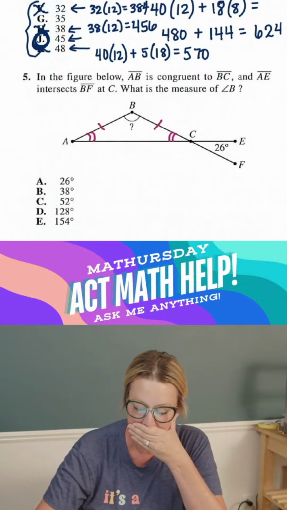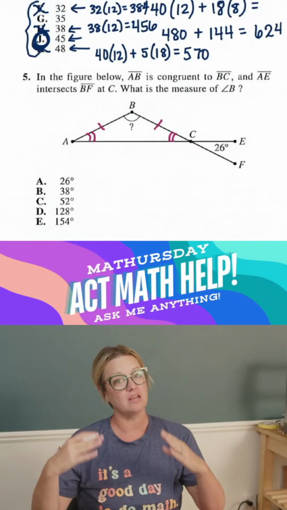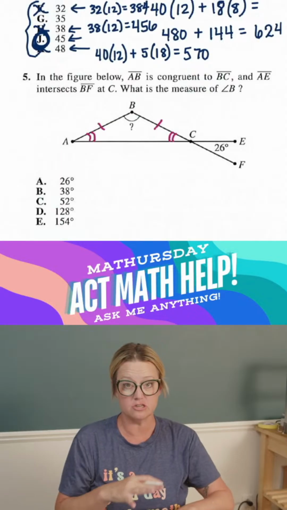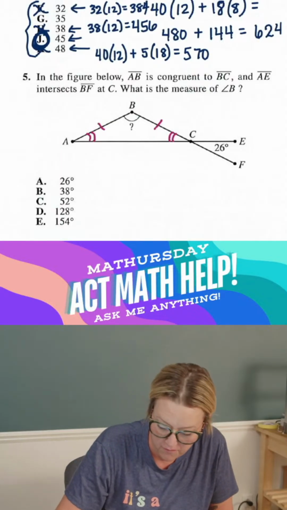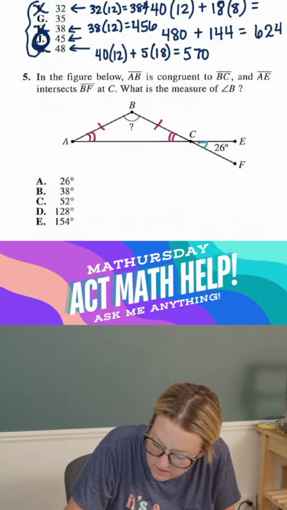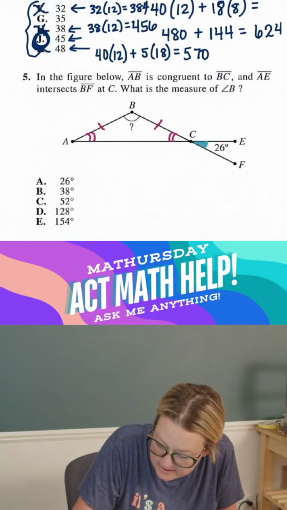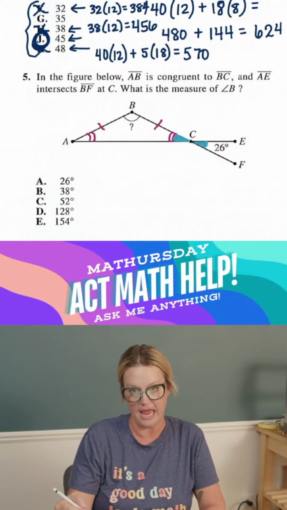Okay, so this triangle is a specific type of triangle, which is an isosceles triangle. Now, all angles in a triangle add up to 180. When this angle here is 26 degrees, that means that this angle here is also 26 degrees because they are vertical angles.